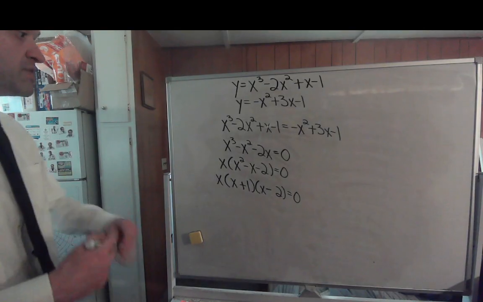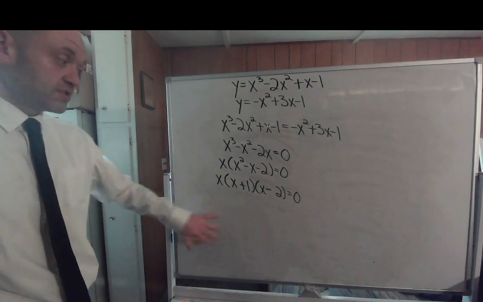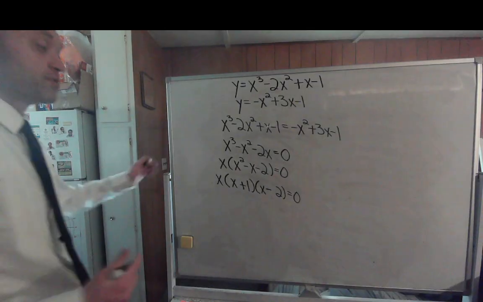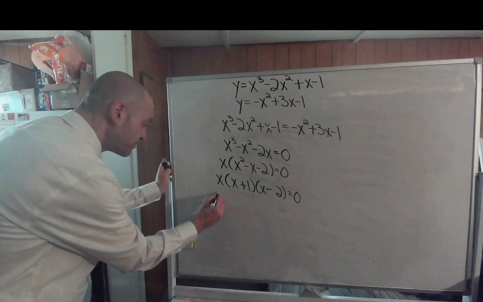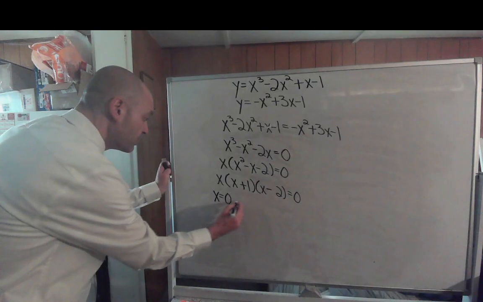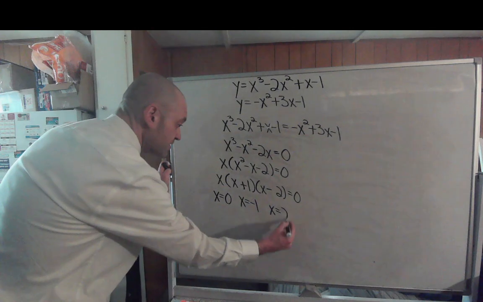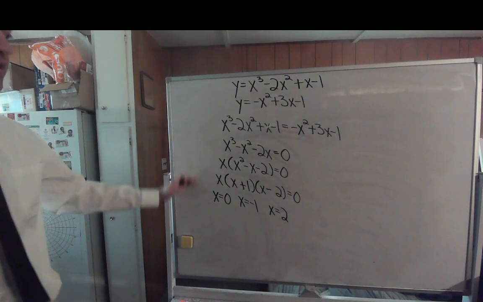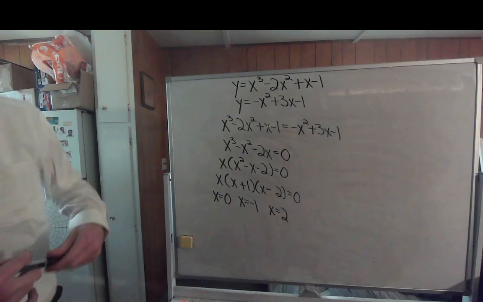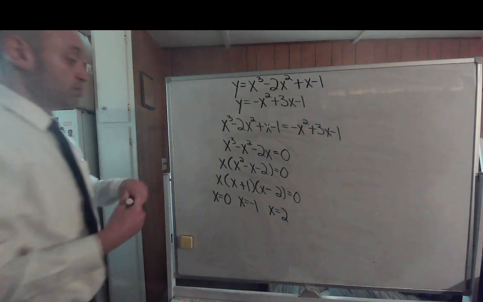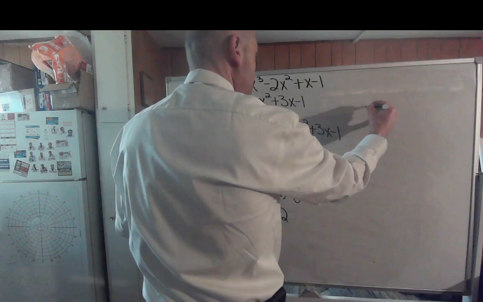Perfect. So we have actually 3 factors of x. That means we're going to have 3 values of x. So x would equal 0, x would equal negative 1, and x would equal positive 2. That means these curves intersect in 3 places. So we should get 3 solutions for y.